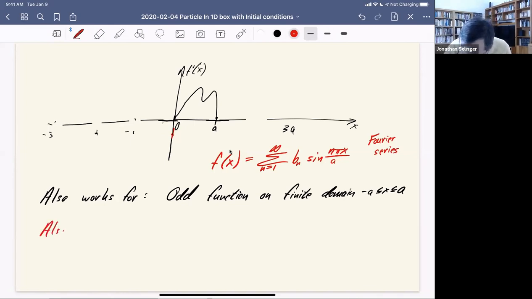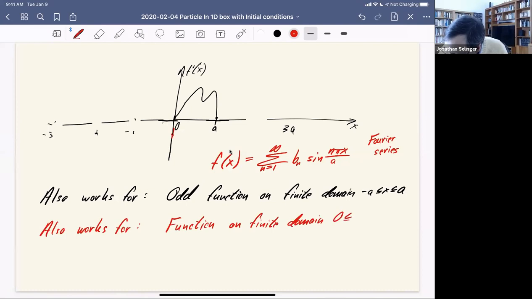So I'll say it also works for any function on a finite domain where x goes from 0 to a. So this is for any function on that domain.